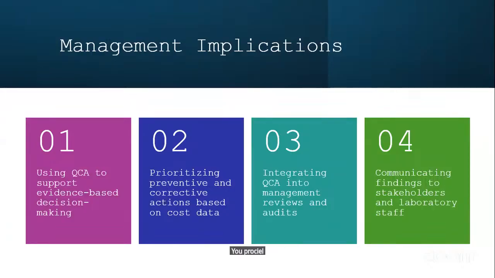It also assists in integrating QCA into management reviews and audits. When you have your yearly management reviews, or your quarterly ones, or when you have your audits, try as much as possible to integrate quality cost analysis into your processes to see, yes, you could be doing well, but are we breaking even?